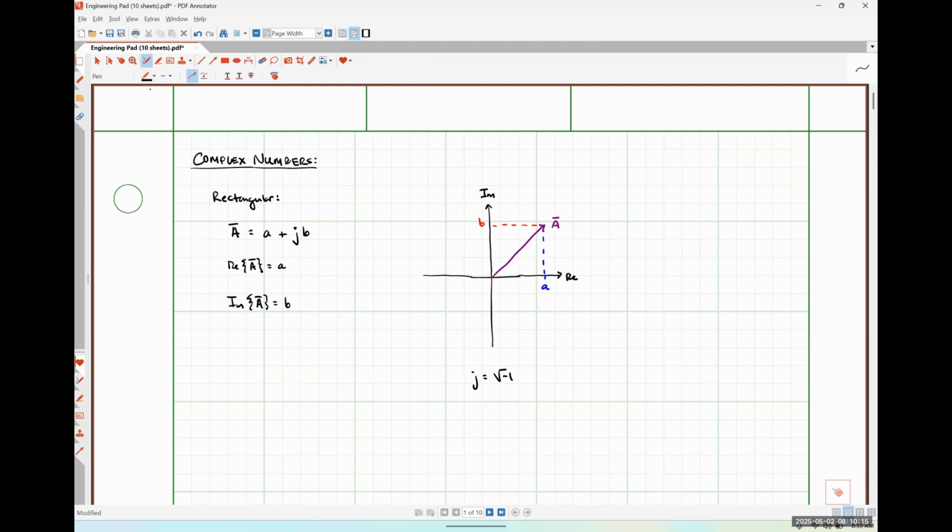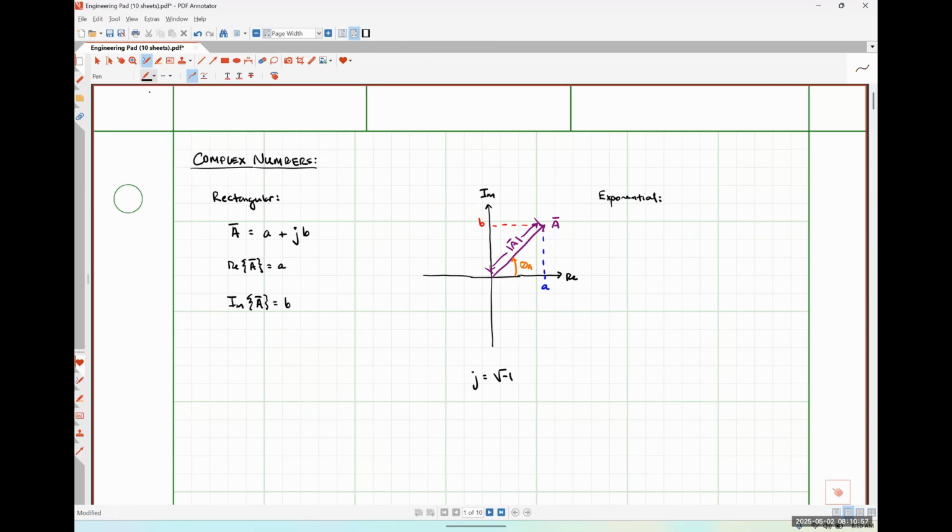So I'm going to do the exponential form first. I'm going to put it over here on the right-hand side. So in exponential form, we would have our complex number represented by its magnitude, which is just the length of this vector, which I'm representing as the absolute value of that complex number A. And then we would also have some angle, theta A, where I'm measuring my angle from the positive real axis up to my vector.